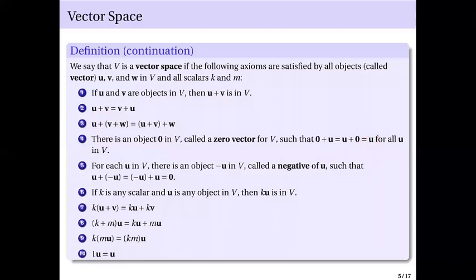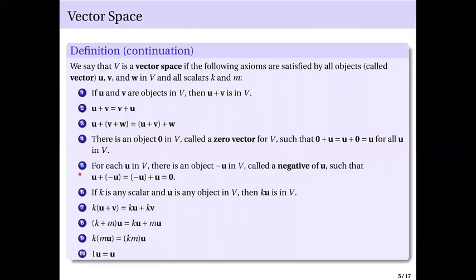So you have an object zero in V such that for any object u in V, you must have 0 plus u equal to u plus 0, and it must be equal to u. So we have this object 0 here.